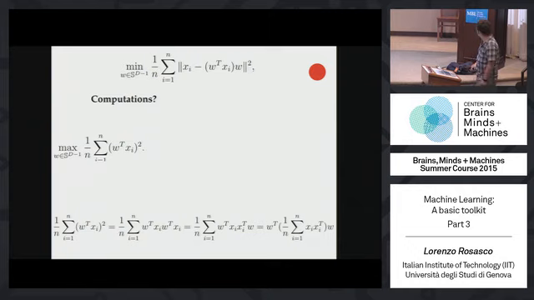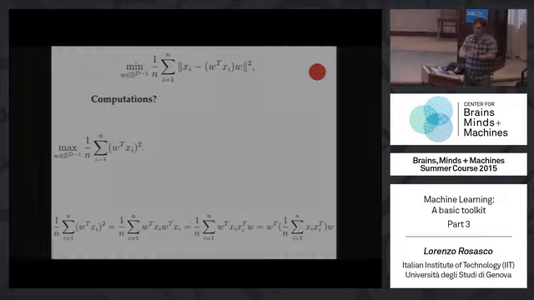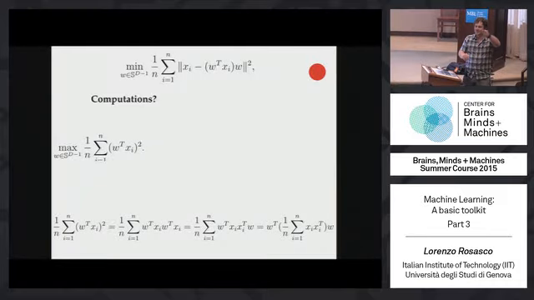So you get w transpose, 1 over n, sum of xi xi transpose, w. w transpose xi is just a number. But the moment you look at something that looks like xi xi transpose, what is that? Just look at dimensionality: d by 1 times 1 by d gives you a number, which is 1 by 1. Now you're doing the other way around, so it's a matrix, which is d by d and of rank 1.